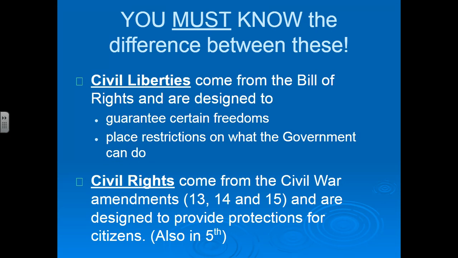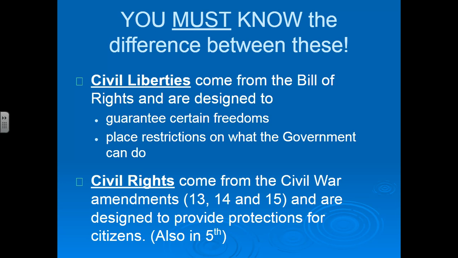Civil rights are designed to provide protections for citizens. The very first one was the 13th Amendment, which abolished slavery. The 14th Amendment is a hugely important amendment for civil rights, arguably the most important, because it has the due process and the equal protection clause.